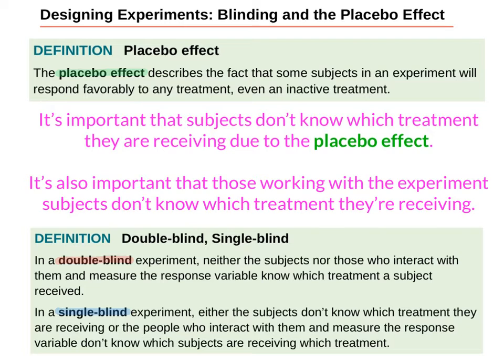And then there's single blind, where either the subjects don't know which treatment they're getting or the people that work with them don't know, one or the other. Ideally, the subjects just shouldn't know what they're receiving, but sometimes that's hard to avoid. Either way, your experiment should be double blind or single blind because, well, the placebo effect.